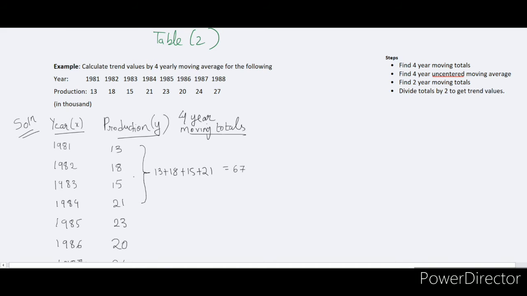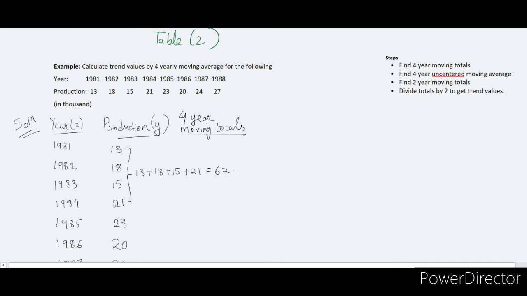Then we move to the next group. Let me write these brackets closer, so that as you go down you will have more space. So for the first group of 4 years, the value will lie in between 1982 and 83, because these are the middle years of this first group. This gives me a total of 67.